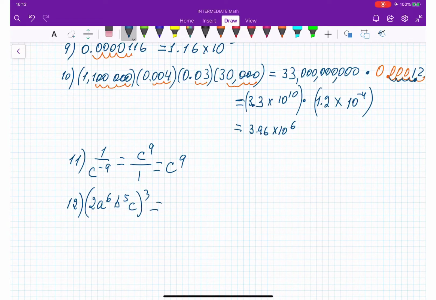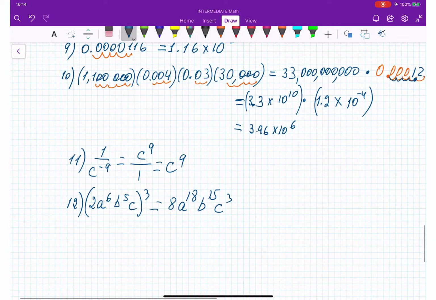Let's see, 2 to power 3 is going to be 8. a to power 6 to power 3, it's going to be 6 times 3 is 18, which is going to be a to power 18. Next, b to power 5 to power 3, it's going to be b to power 15. And c to power 3, it's going to be c to power 3. And that is the answer.